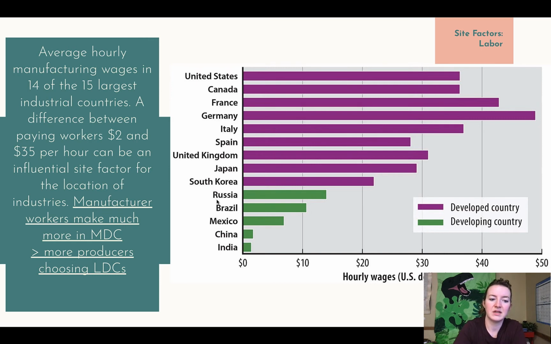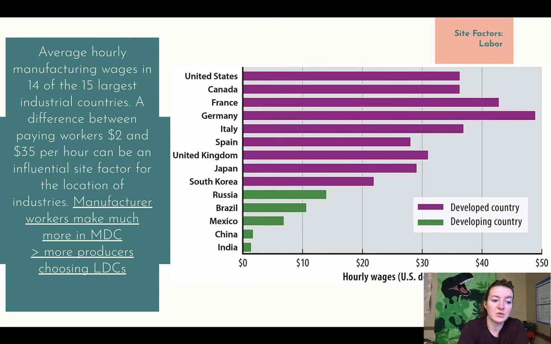But it's not going to make a whole lot of sense to put low-skill laborers in these countries, to have people working low-skill jobs here when it would be more cost-efficient to have them here. So the average hourly manufacturing wages in 14 of the 15 largest industrial countries, what we're looking at here, are going to be really significantly different.